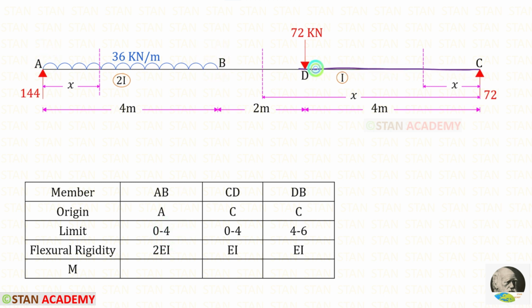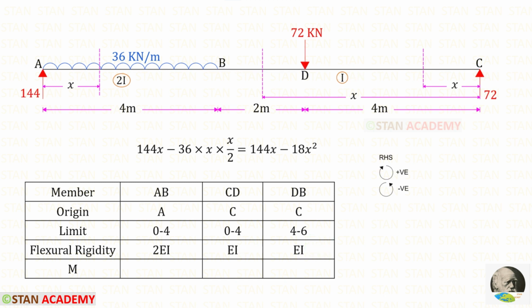For CD, the limit is 0 to 4. And for DB, the limit is 4 to 6. Now let us enter the flexural rigidity. For AB, the moment of inertia is 2I, so the flexural rigidity will be 2EI. For CD and DB, the moment of inertia is I, so the flexural rigidity will be EI.